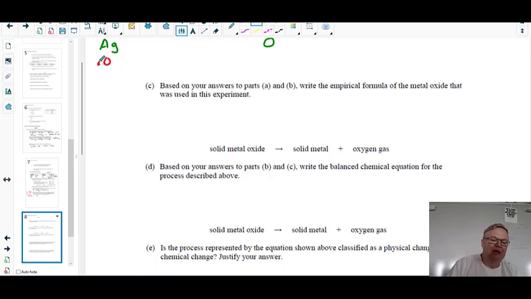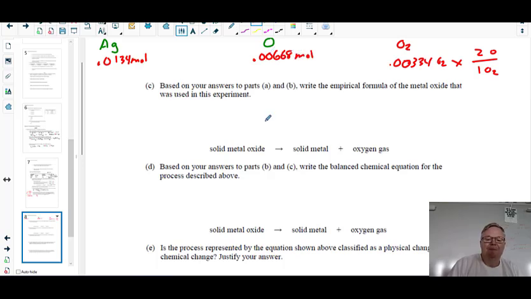This one we knew Ag was 0.0134 moles, and we knew O2 was 0.0334, but that's for O2, and we know that there are 2 oxygens for every one O2, so for oxygen it'd be 0.00668 moles.